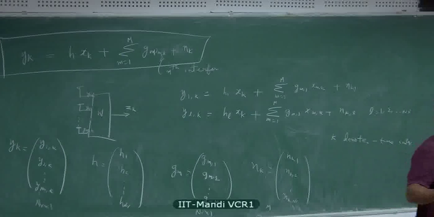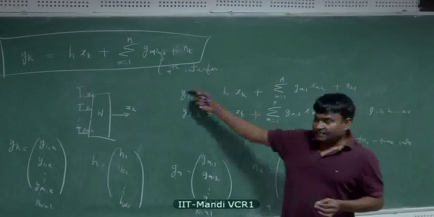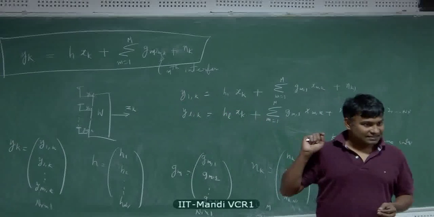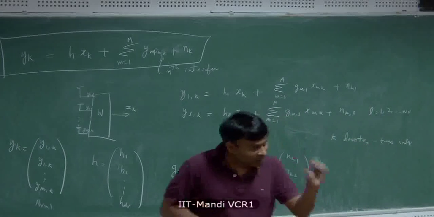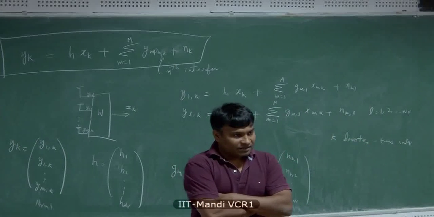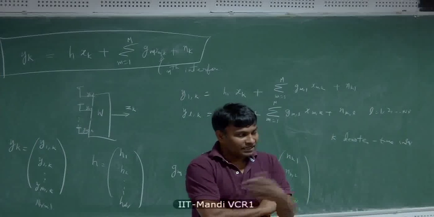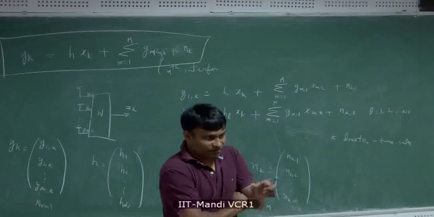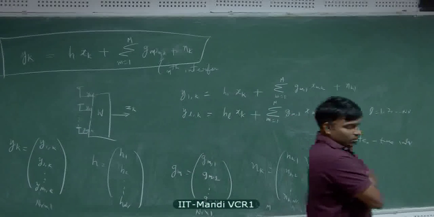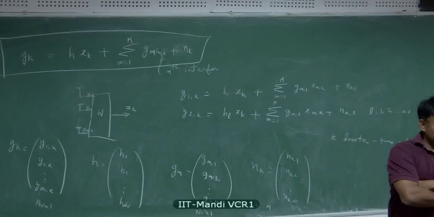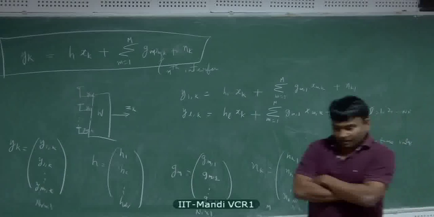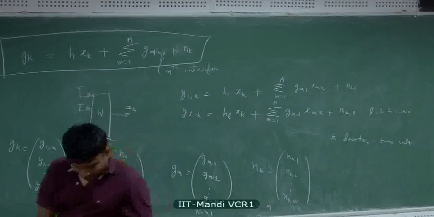If at all you want to feed back something, you probably feed back the post-processing SINR at the output of the receiver, so that the transmitter can assign the appropriate modulation and coding for the data stream. Other than that, we don't need to feed all these channels back to the transmitter. So it's a fairly simple system.